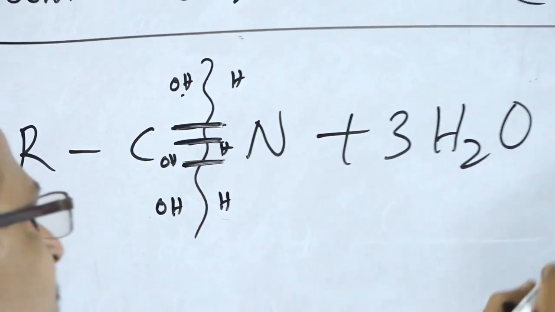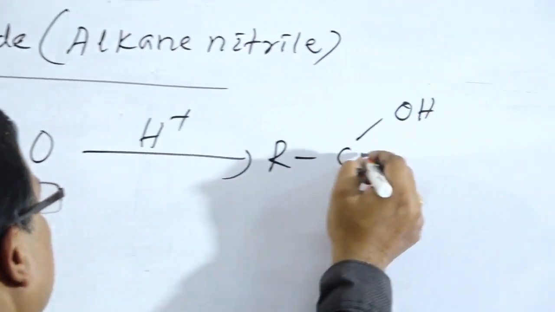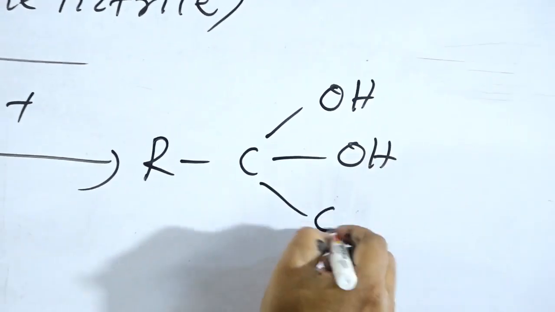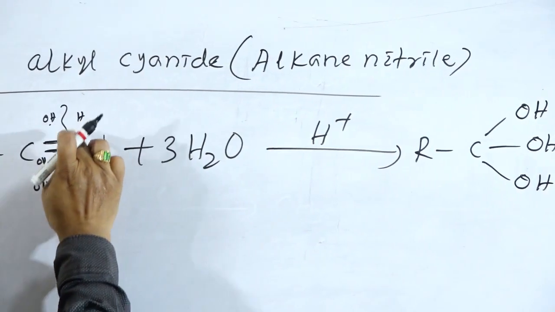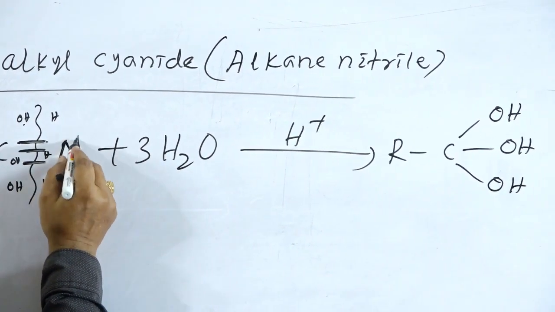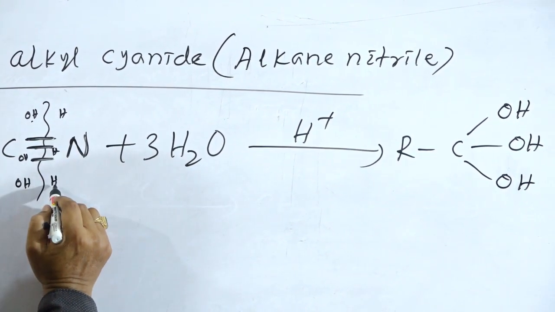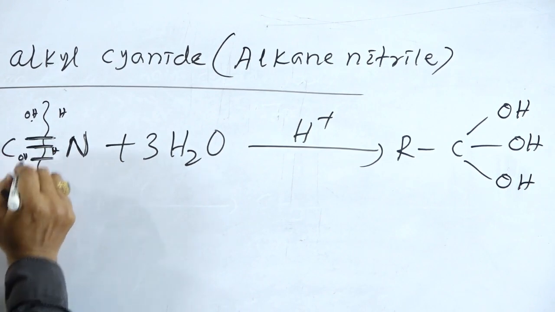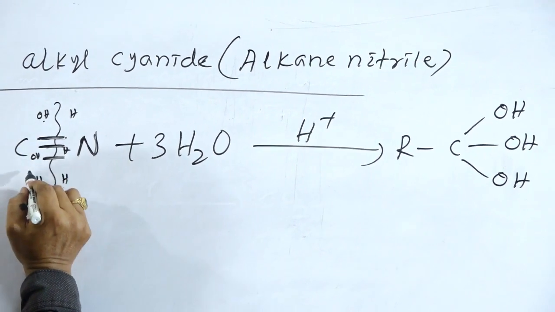So the product will be R-C(OH)(OH)(OH) plus NH3, that is nitrogen with the addition of 3 hydrogens.